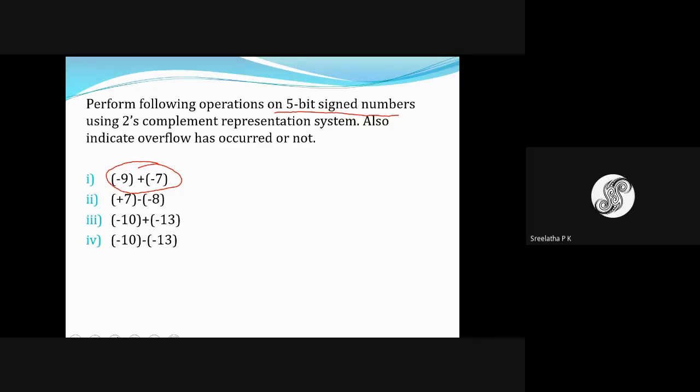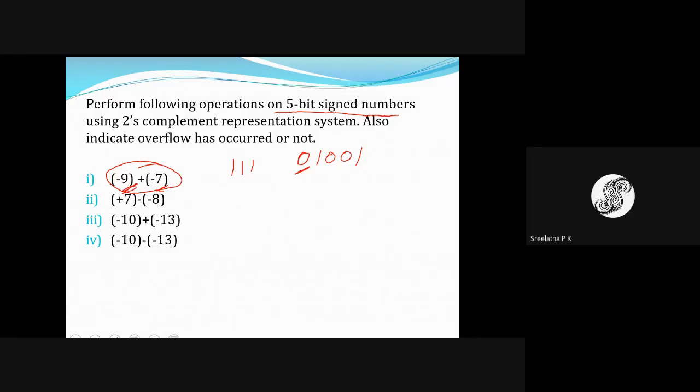If nothing is mentioned, you can take the maximum needed, like for value 7 I want 3 bits, and for value 9 I want 4 bits, always including the sign bit.